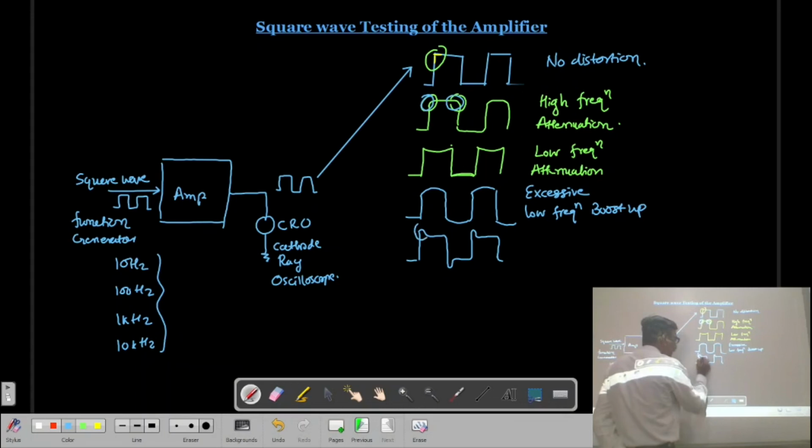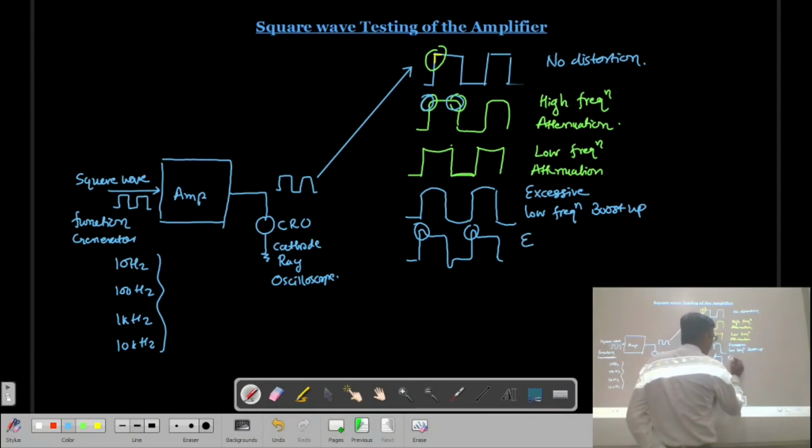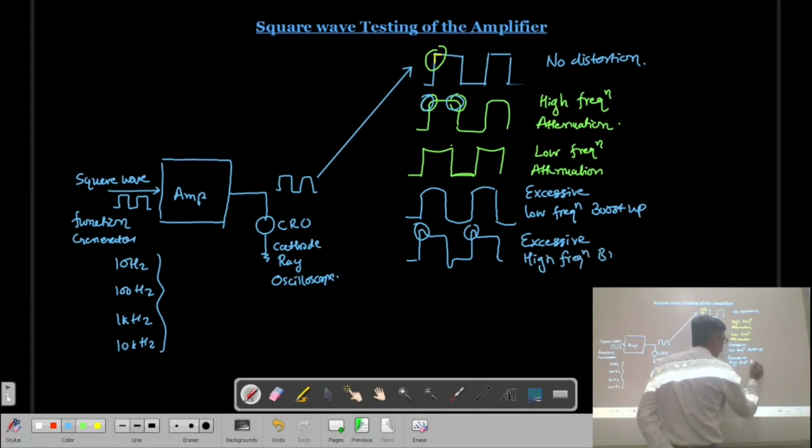Here this corner is pushed up, which means the gain of the high frequency is large. So this is the excessive high frequency booster. So the gain of the high frequency is very large.